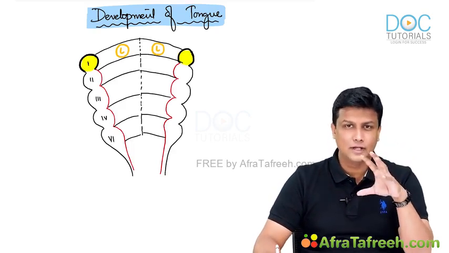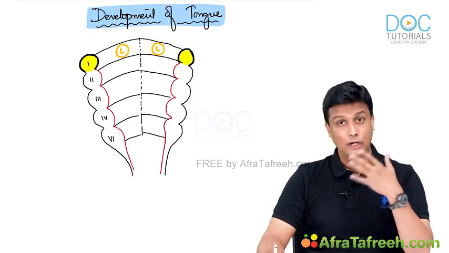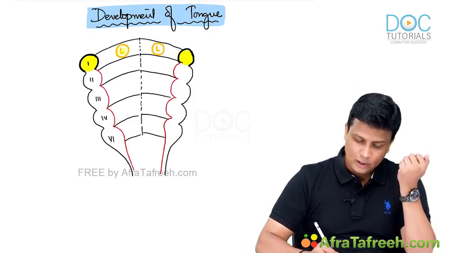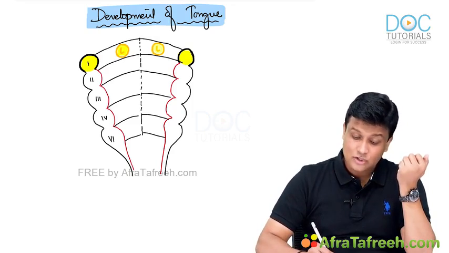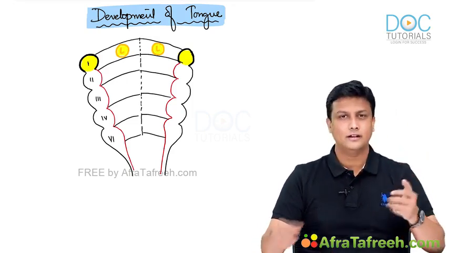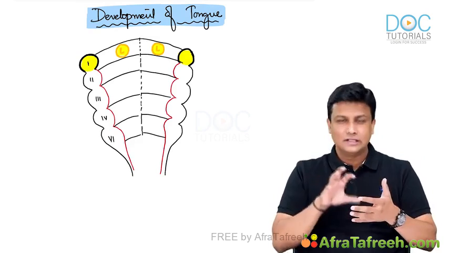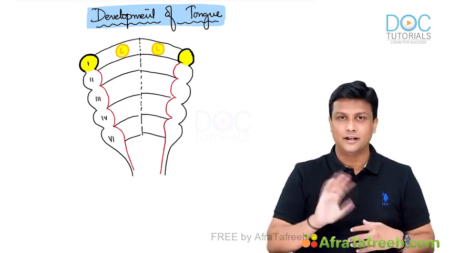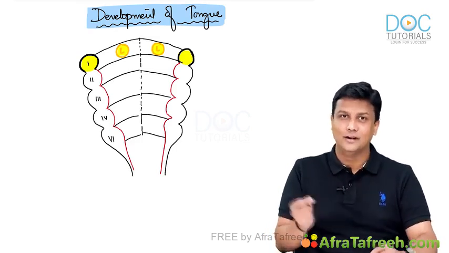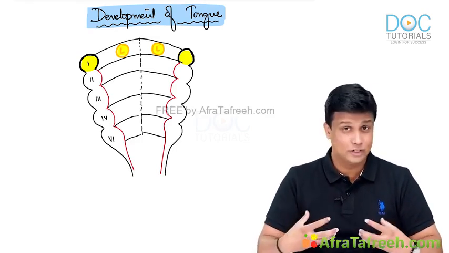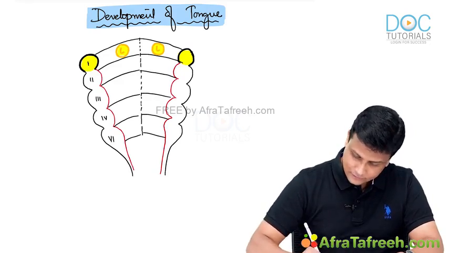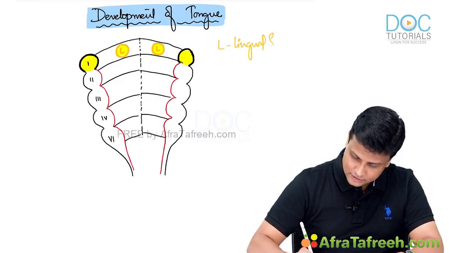That means, are the lingual swellings ectodermal swellings or endodermal swellings or mesodermal? Remember, these lingual swellings are actually mesodermal. Don't think that sir is drawing the diagram on the inner side, we are looking at the pharyngeal arches from inside, so they are endodermal thickenings. No. They are actually mesodermal thickenings. Mesoderm is going to form the thickenings known as lingual swellings. So L stands for lingual swellings.